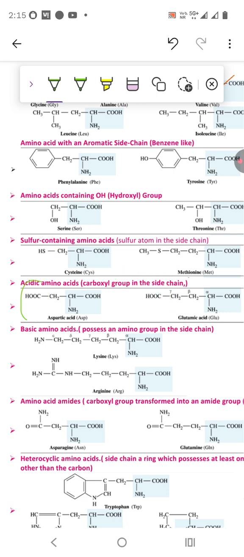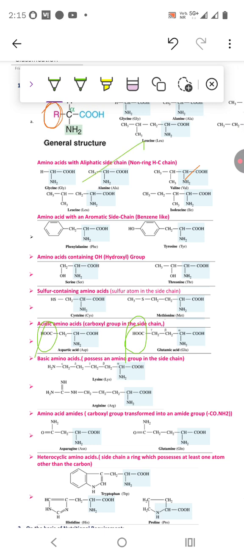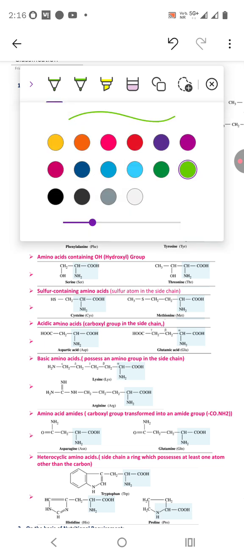Got it? There are many structures, but do not worry. These structures are just for your understanding. You do not need to write those structures in the classification part. Those I have made for your understanding only. Got it?